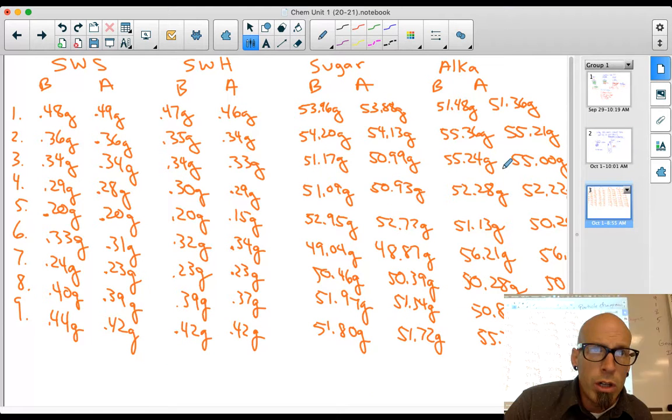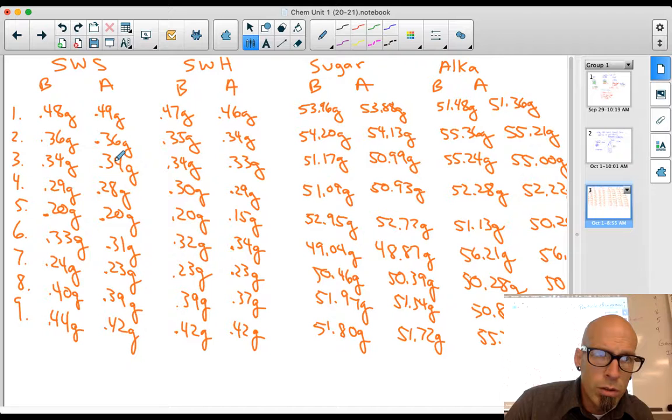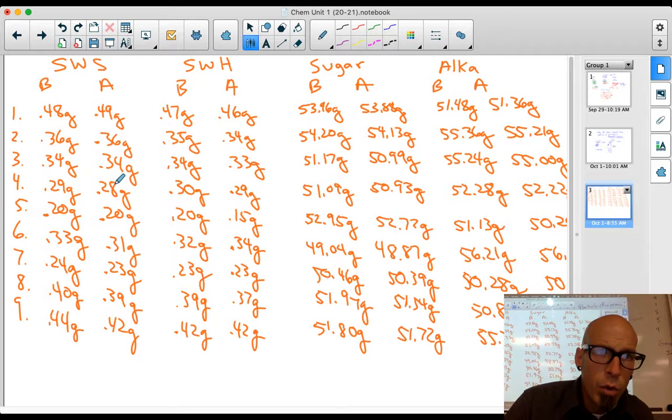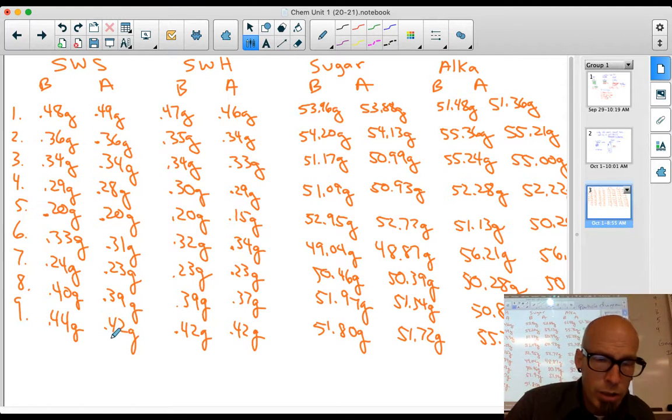And so we started looking at the steel wool stretch first and how this group's went up. Group 2 stayed the same. 3 stayed the same. 4 went down by 100th. 5 stayed the same. Down by 200ths, down by 100th, down by 100th, and down by 200ths.